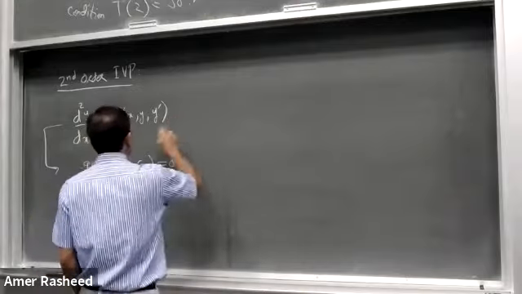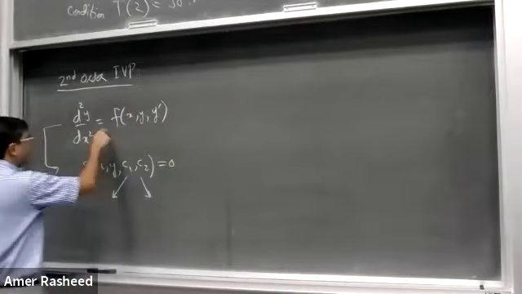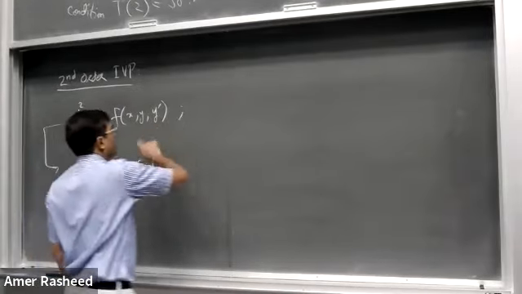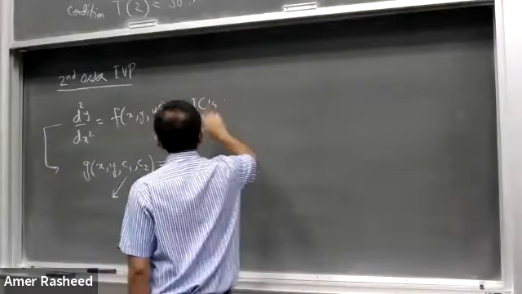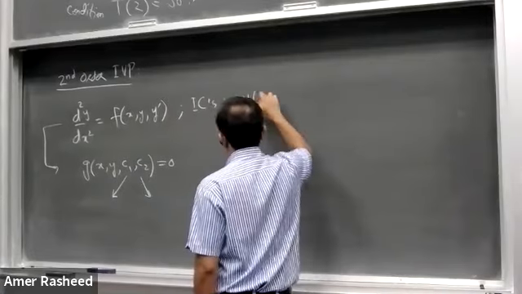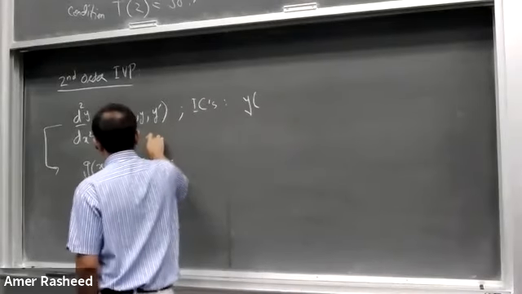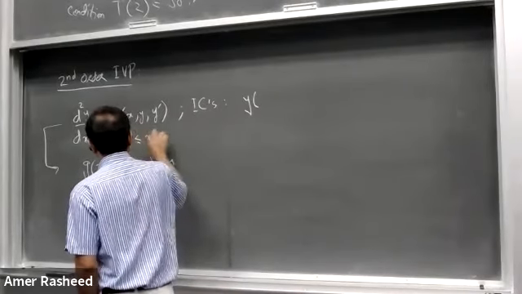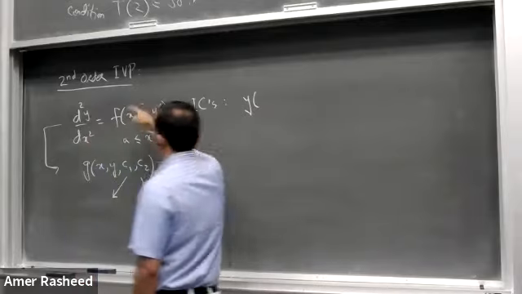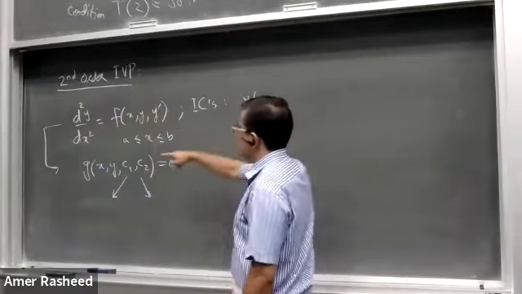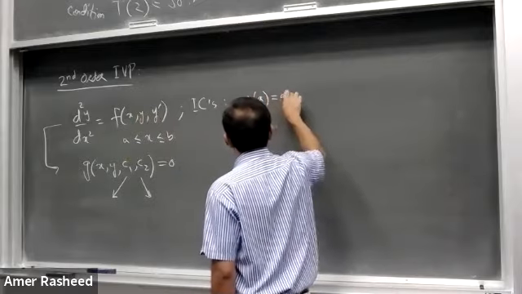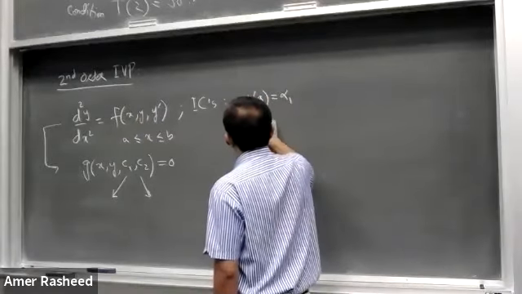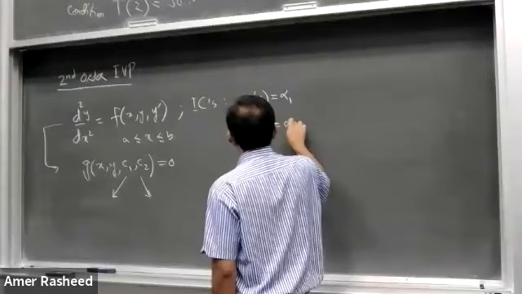So these are the initial conditions we define along with this differential equation. If the domain of this differential equation is from a to b, then the initial conditions are y at a is some alpha 1 and y dash at a is some other constant alpha 2.